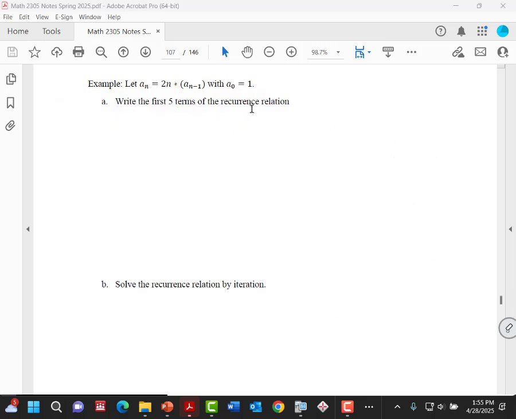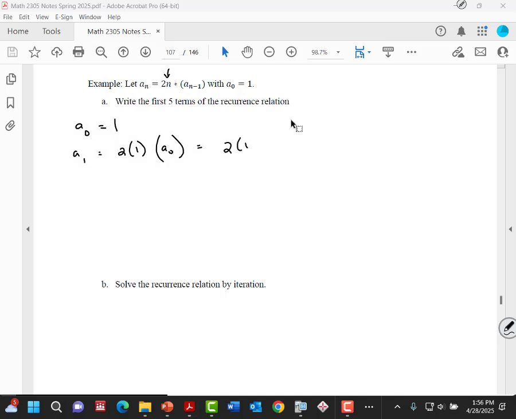Okay, let's let A sub n equal 2n times A sub n minus 1 with A0 equaling 1. So first, let's write the first 5 terms of this recurrence relation. Okay, so we're told that A0 is 1. So what would A1 be? A1 would be 2 times the current index where I'm at, that's 1, times the term prior, A sub n minus 1, so that would be A0.